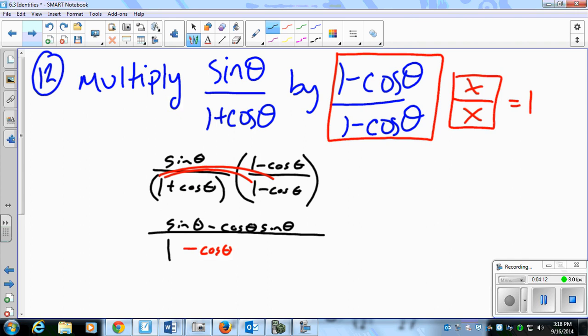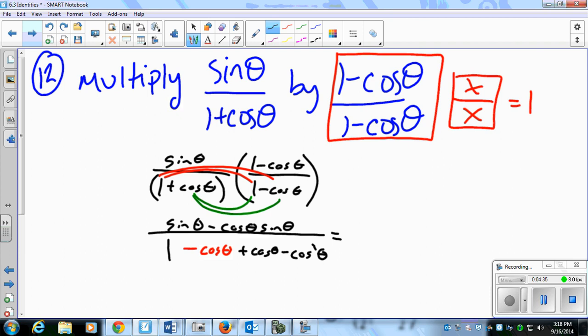Then I have plus cosine of theta minus cosine squared of theta. What's nice about this is that this is a difference of squares.